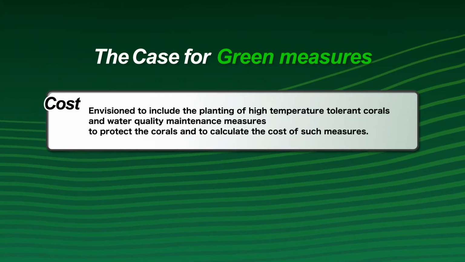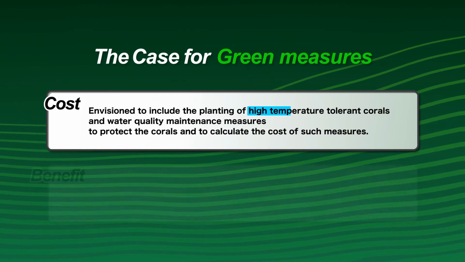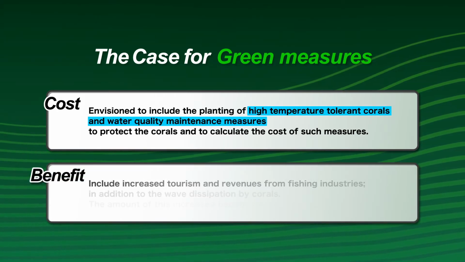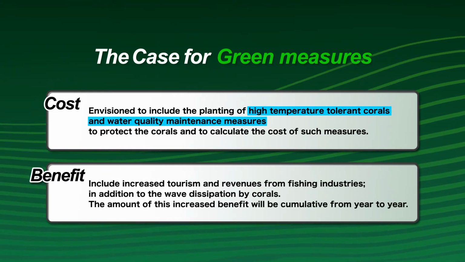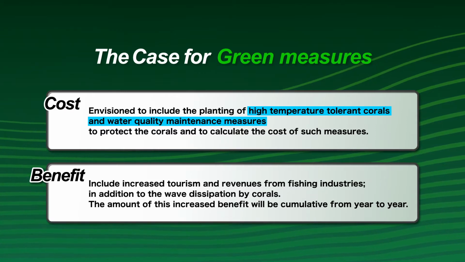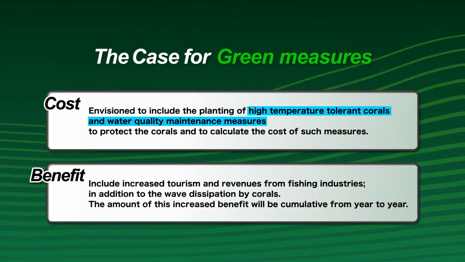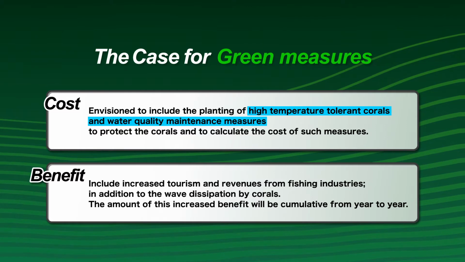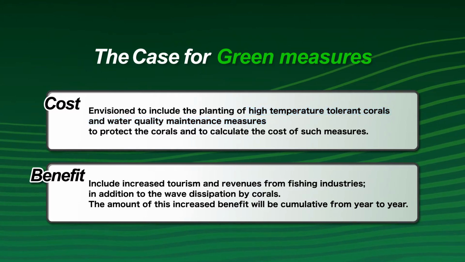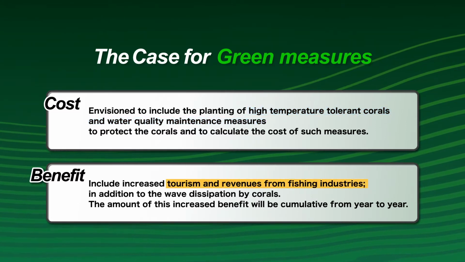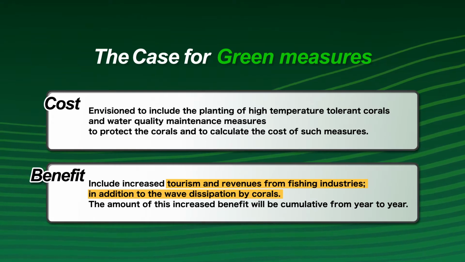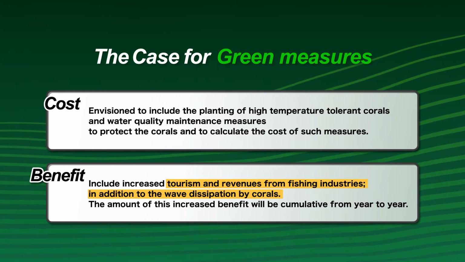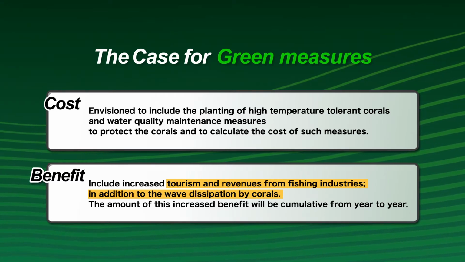Green measures are envisioned to include the planting of high-temperature tolerant corals and water quality maintenance measures to protect the corals and to calculate the cost of such measures. The benefits of green measures include increased tourism and revenues from the fishing industry, in addition to wave dissipation by corals.